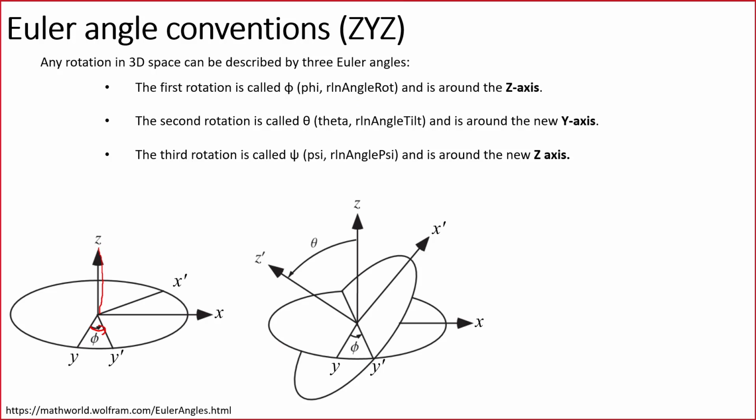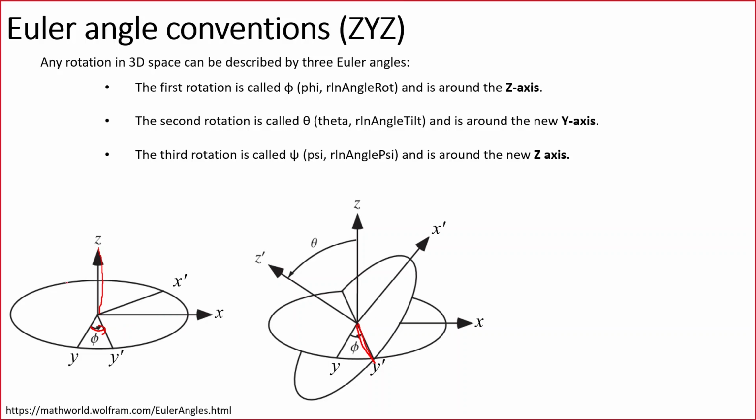So we are rotating all this plane around the newly created y-axis from the previous step, and we get this rotated plane. This rotated plane has its newly created x prime axis and z prime axis. Because we were rotating around the y prime axis, this was not affected at all.